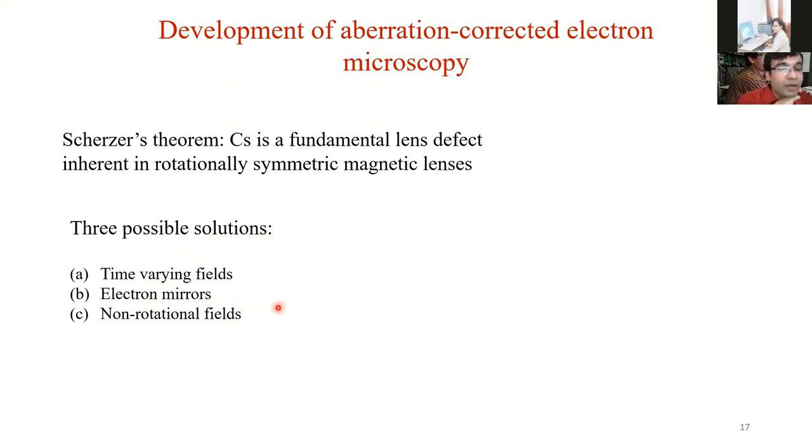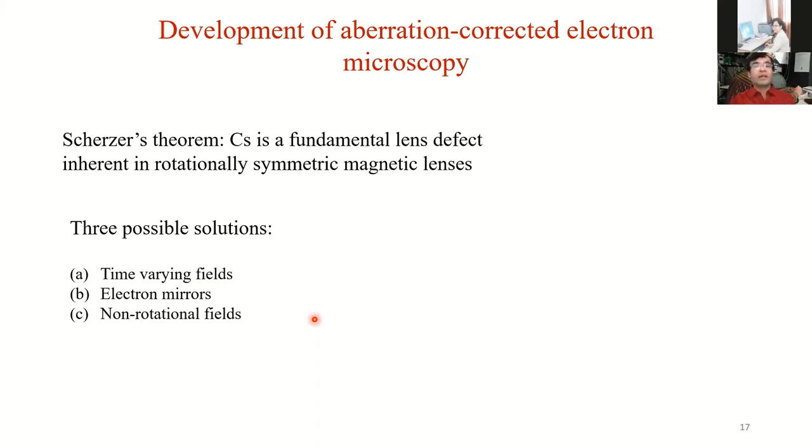But then people thought of non-rotational fields. So maybe we can use multiple lenses like hexapole, quadrupole, octopole. And people tried working with multiple lenses, but multiple lenses have their own aberrations.